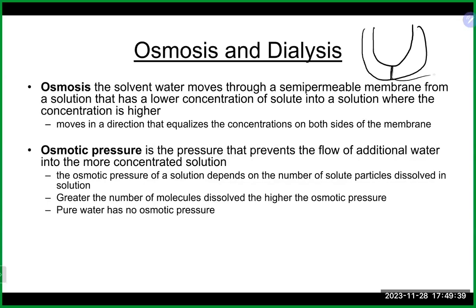If we had a membrane, with salt water on this side versus pure water on this side, salt water is more concentrated because it has stuff dissolved in it, versus water, which is just a pure solvent by itself. So the water molecules are just going to flood through the gates in our membrane, in an effort to dilute the other side.